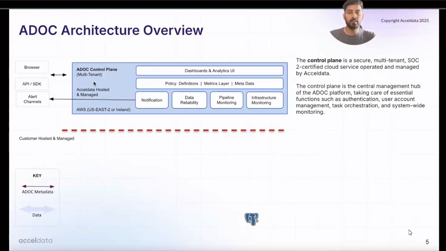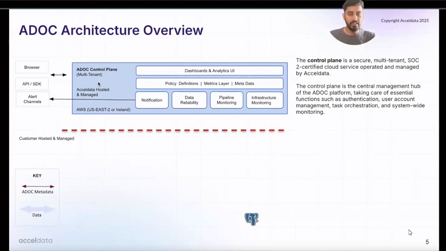All of that is driven from the UI. We have all the policy configuration stored there, and there are APIs and SDKs through which you can interact with the control plane. But this part of the product is completely hosted in Acceldata's environment. It runs in a Kubernetes cluster, right?